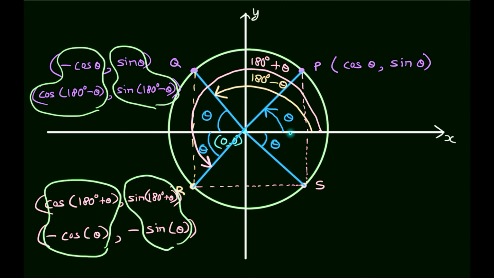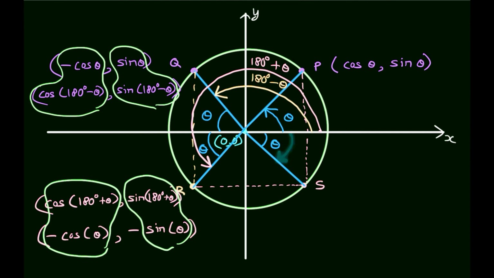So therefore the clockwise angle will also be theta. However, it will be written as negative, right? Because the magnitude of theta is positive. This was theta originally. The magnitude of theta is positive.